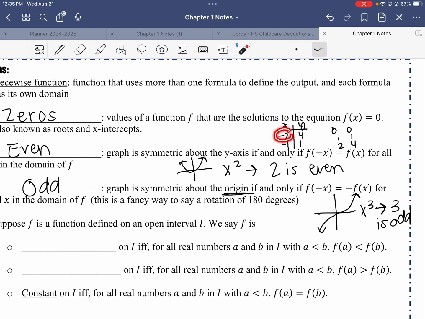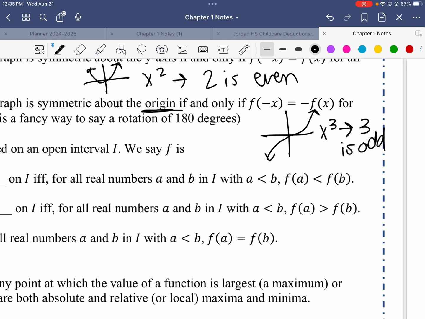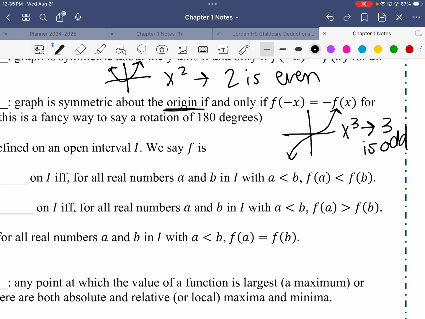This is f of negative 2, and what does it equal? 4. But this is f of 2, and what does it equal? 4. So they're the same. That's what it means. That's why it's symmetrical.